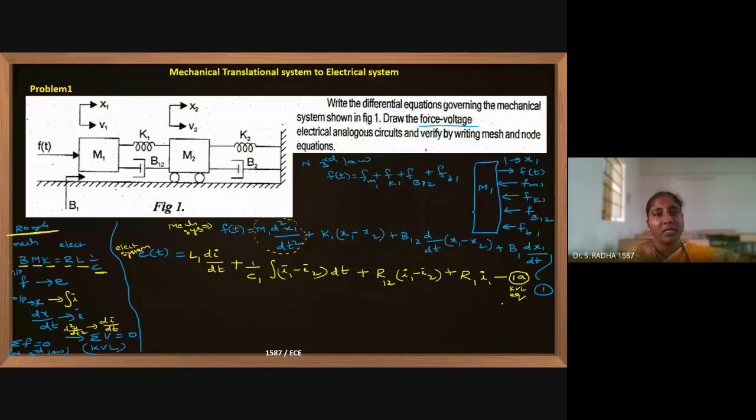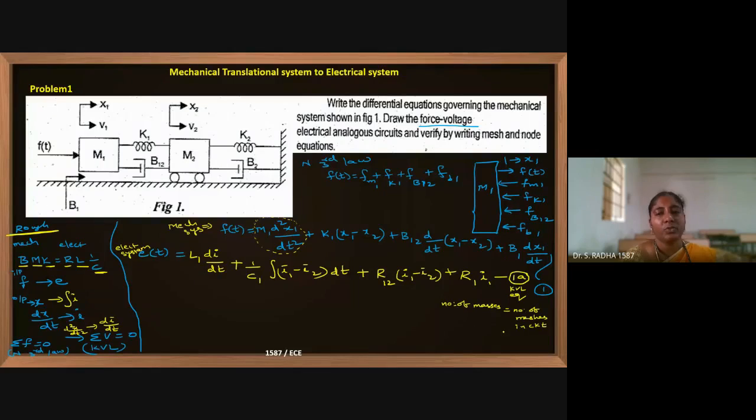So the number of masses in the mechanical system is equal to the number of meshes in the circuit.